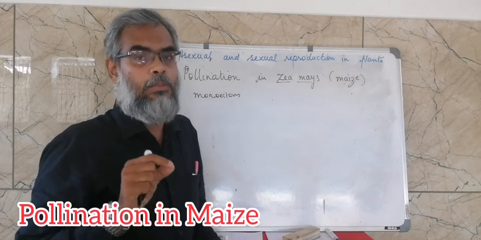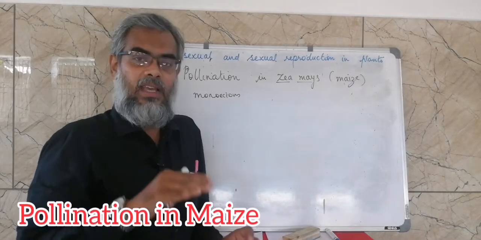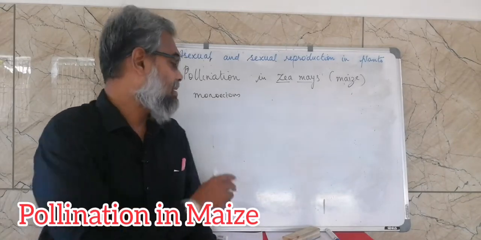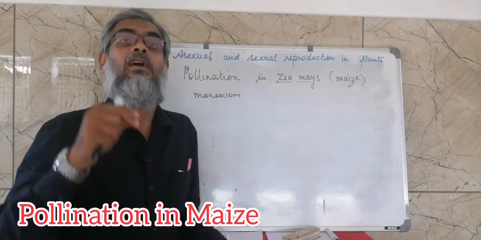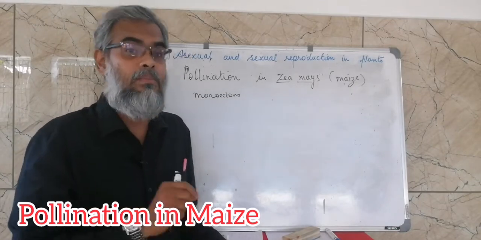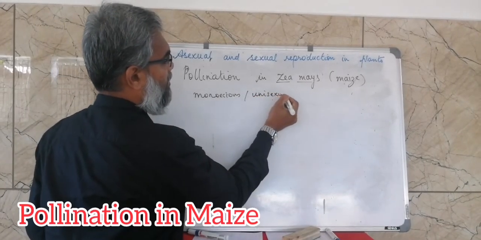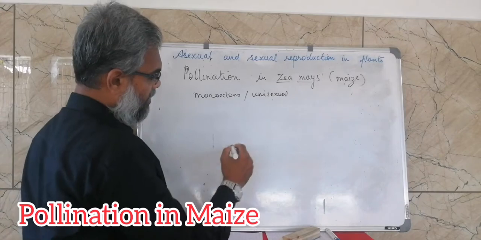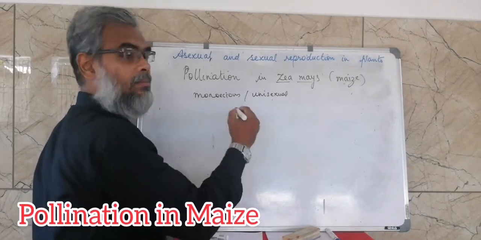Both male reproductive part and female reproductive part are not present in the same flower. It will be different flowers. But since it is monoecious, male flower and female flower will be present in the same plant. So monoecious, unisexual.